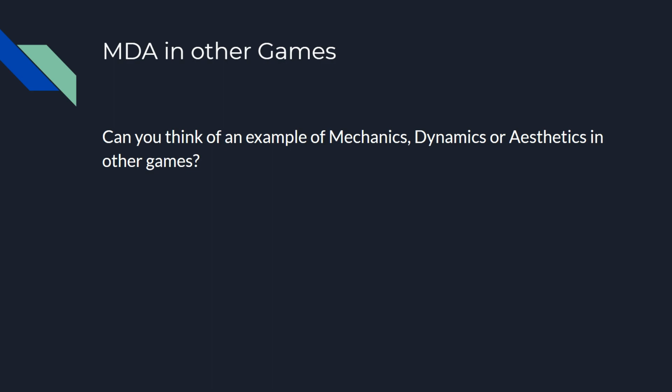Any other games? Parrying in Dark Souls, yeah. Parrying's weird because as a mechanic, it kind of starts off as a dynamic because it requires two interacting mechanics. But parrying is a mechanic where you swing your shield and whatever is attacking you doesn't attack you.